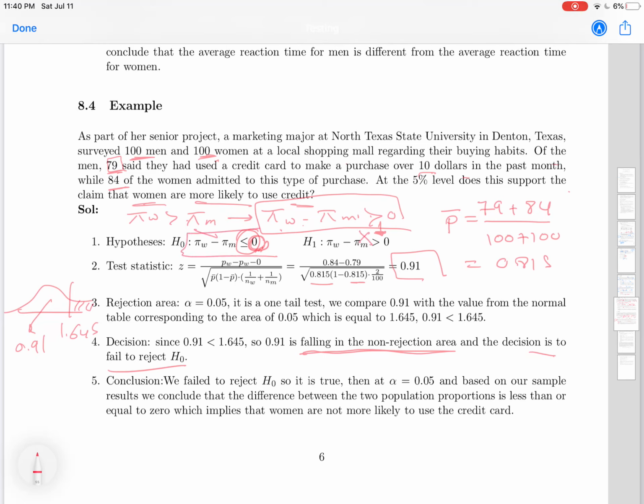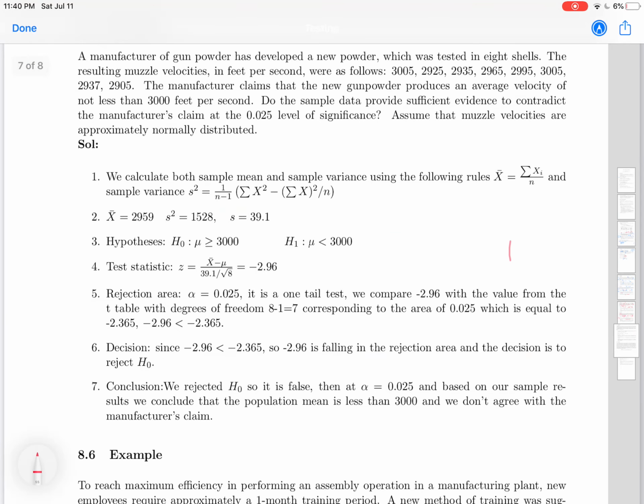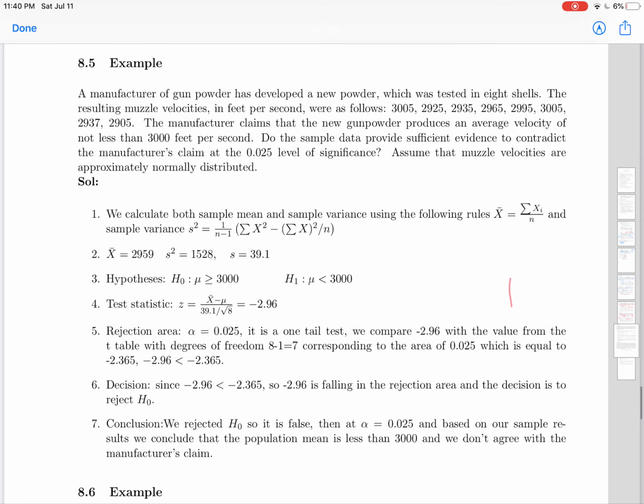Of course, greater than, so this means your rejection area is to the right. 5%, so the value of Z is going to be 1.645. This 0.91 is falling in the blank area, so I'm going to fail to reject H node. So this is correct and this is incorrect. In this case, I don't agree that women are more likely to use the credit card. So we are against this claim.